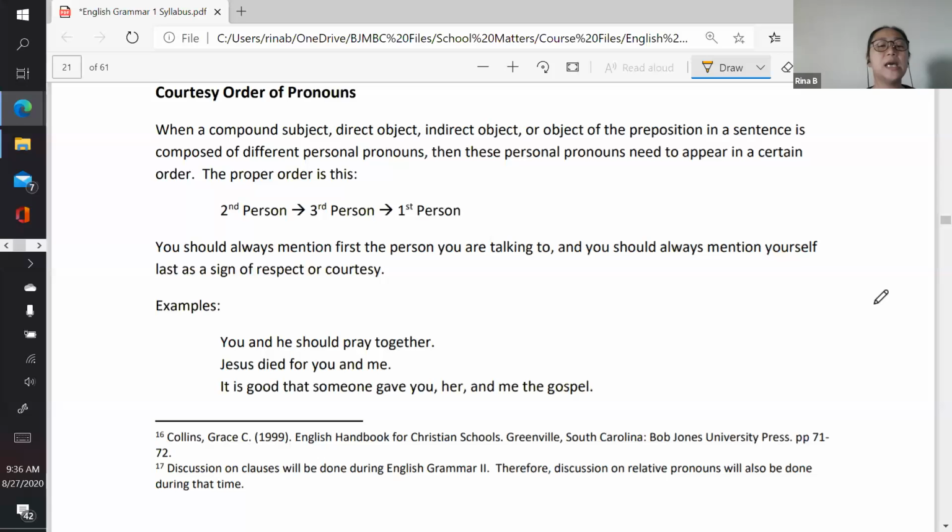Or you cannot say, it is good that someone gave me, her, and you the gospel. So, I don't think this is strict grammar. Like I said, you can mix them together and it will still be grammatically correct, but it's not following the courtesy order.